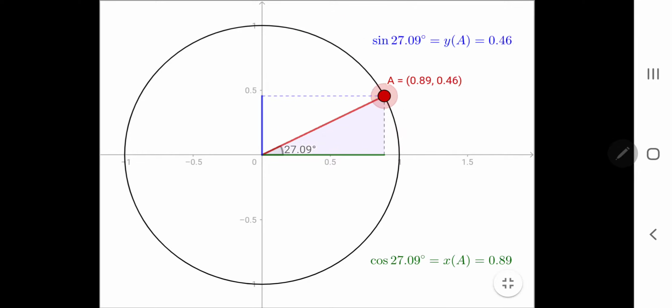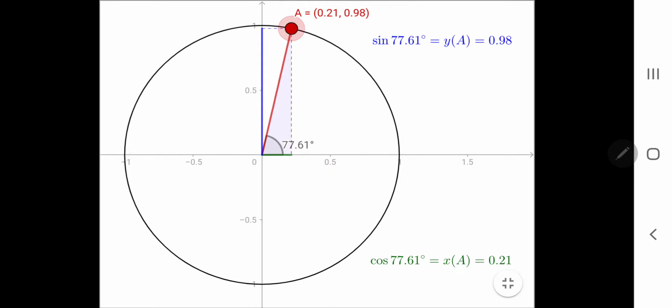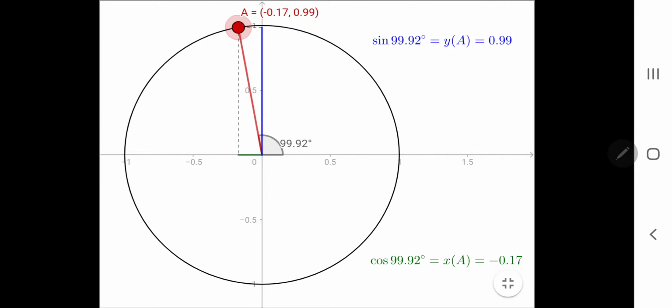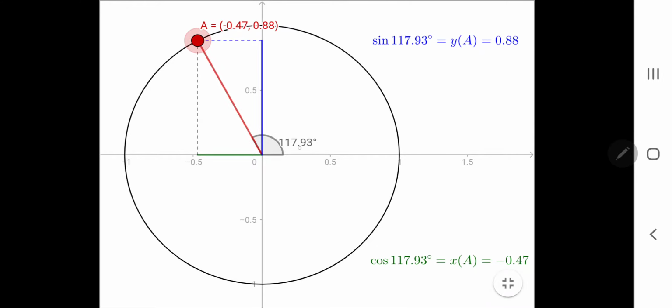Now, in this first quadrant are all the right triangles you could calculate before in geometry. But as soon as we pass over the y-axis, we are in new territory, because theta is now bigger than any right triangle could handle: 117.93 degrees.